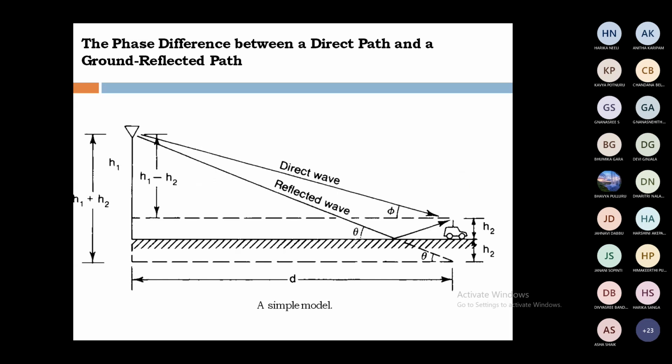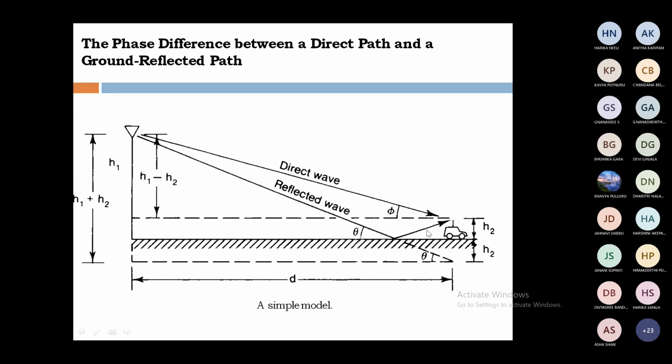Right. Now we are calculating the phase difference between a direct path and a ground reflected path. How much phase difference is there between the direct path and the reflected path? H1 here is the height of the base station, H2 is the height of the mobile station, theta is the incident angle, and phi is the elevation angle. Direct wave, reflected wave.